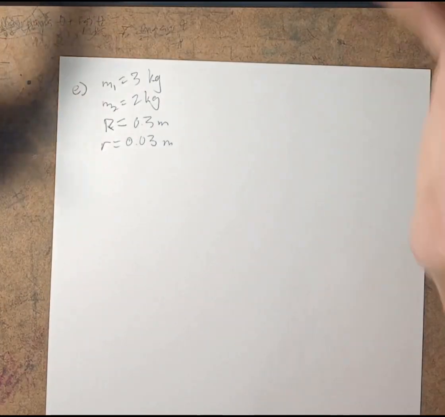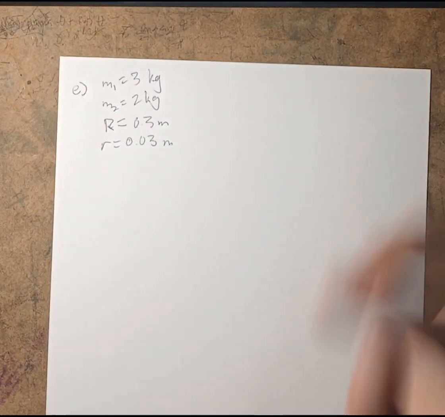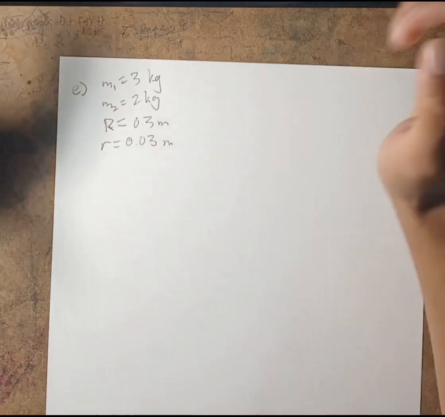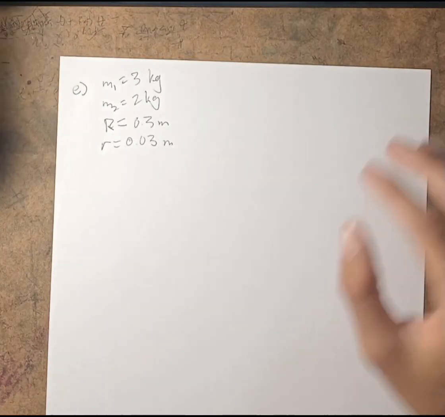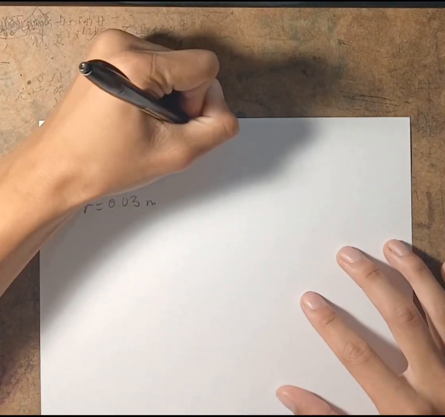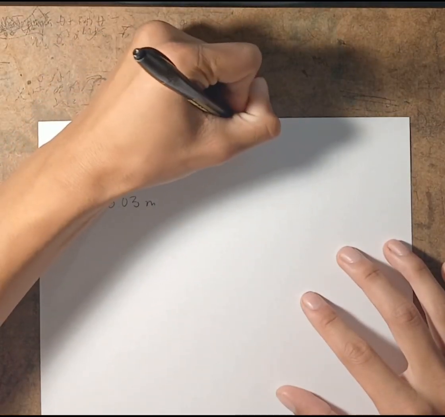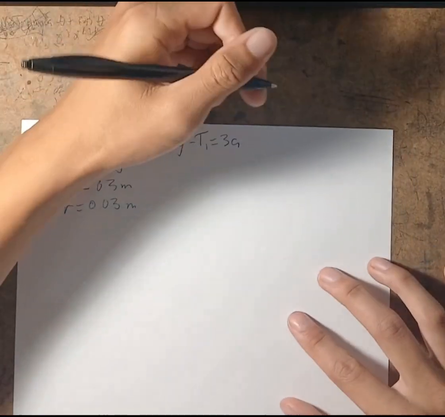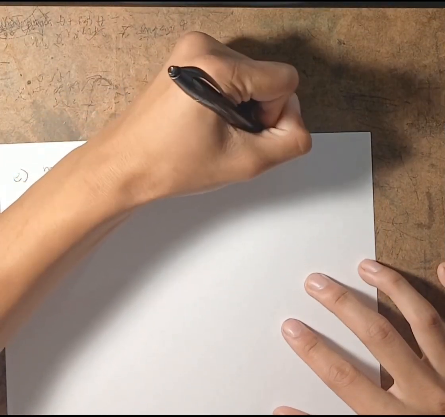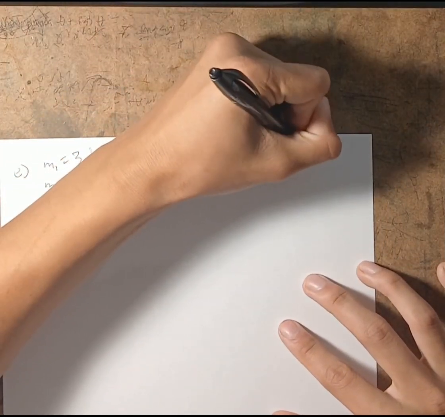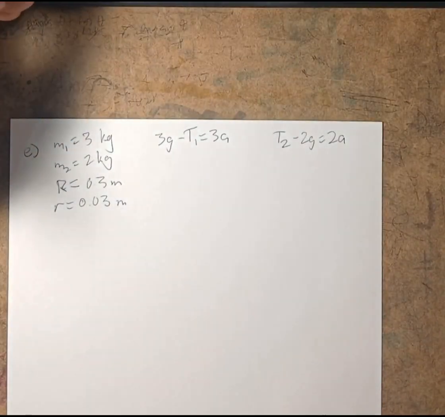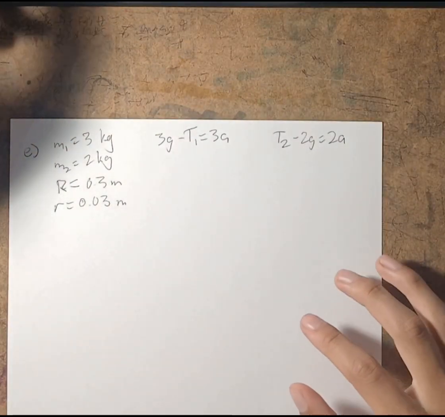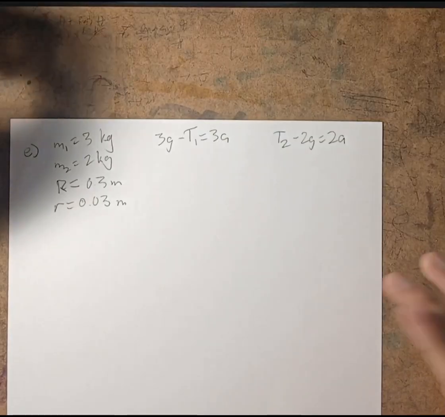So now that we have introduced a new block to the system, we will have to analyze the forces for each of those blocks, and we will take the line of motion of M1 as positive. So 3g minus T1 equals 3a, because M1 is 3, and T2 minus 2g equals 2a, because again, the clockwise torque would be considered positive here.